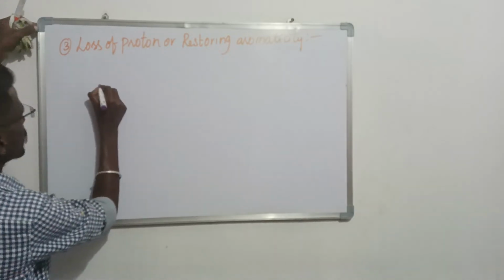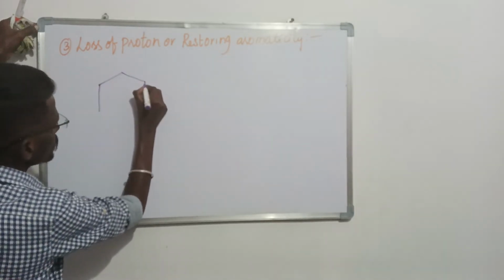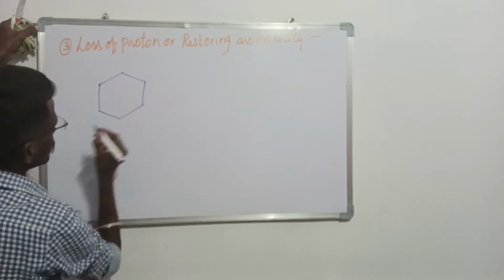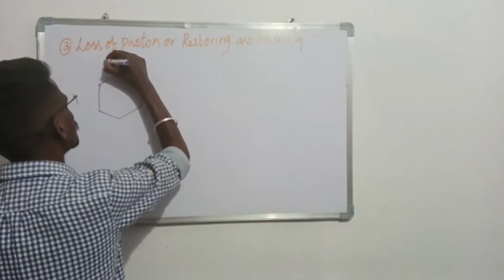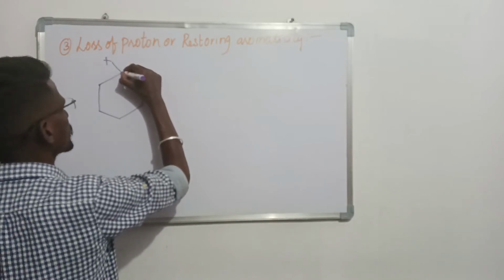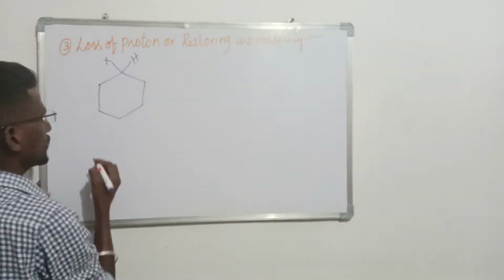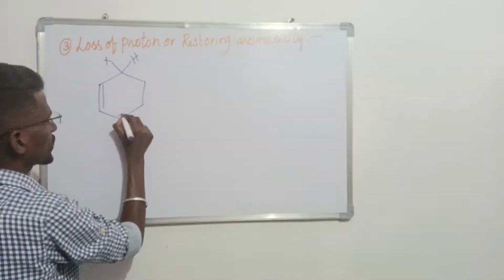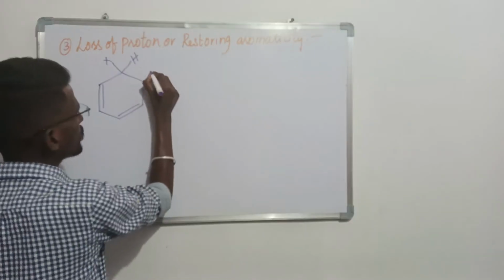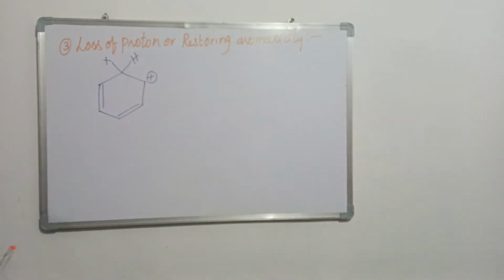So what is the thing? The benzene: X will be attached here, hydrogen will be present here, the double bond system will be present here and here, and here the positive charge will be present. This is the last step, that is the loss of the proton.